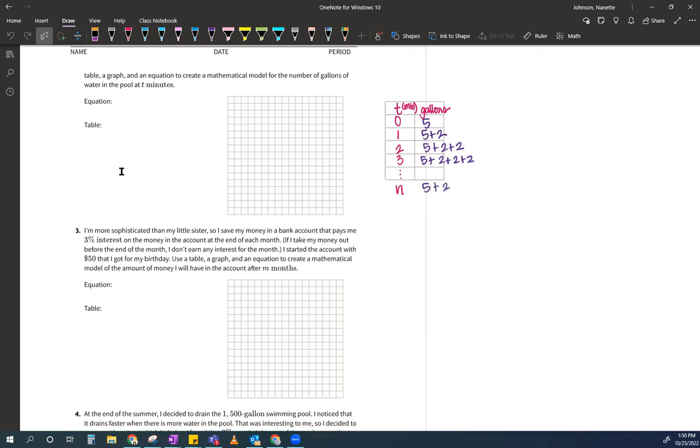And I'm not going to write the recursive this time just because you'll notice that we'll move away from the recursive. Not forever, just for now. So there's my table. My graph is going to look like this, right? I'm just going to graph a quick one. It's going to go up by 5 again, 2, 3, 4, 5.